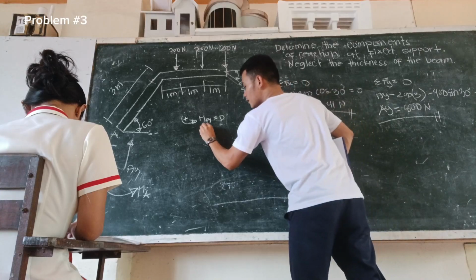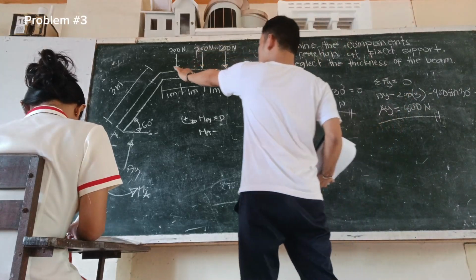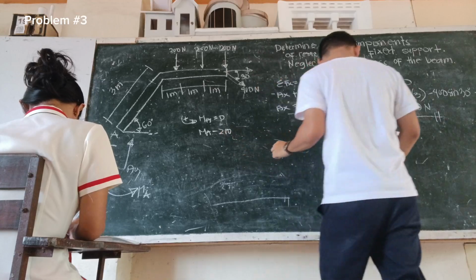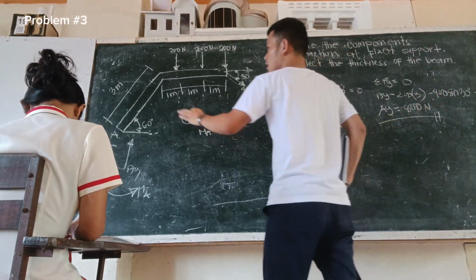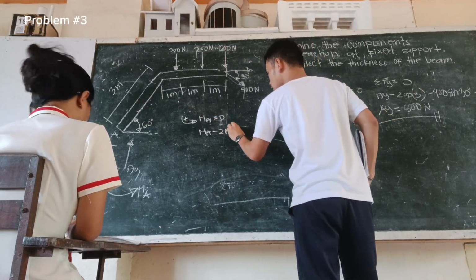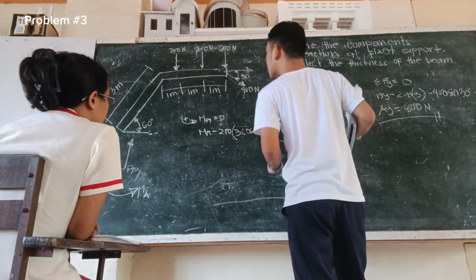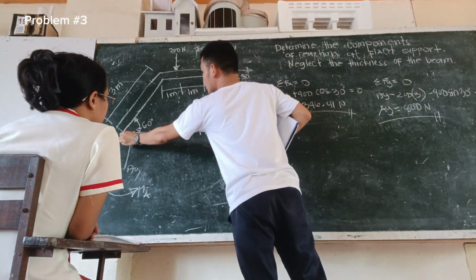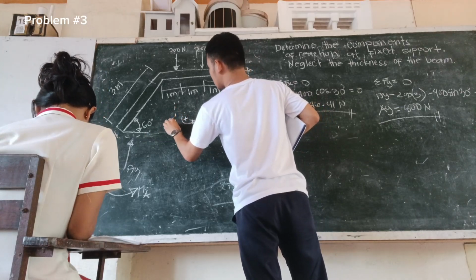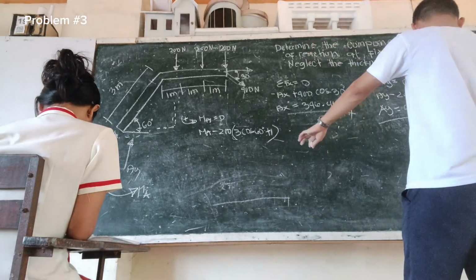So moment A minus the first magnitude of 200 Newton times the distance of 3 cos 60 degrees plus the distance from point A to the first magnitude, which is 1 meter. So plus 1.